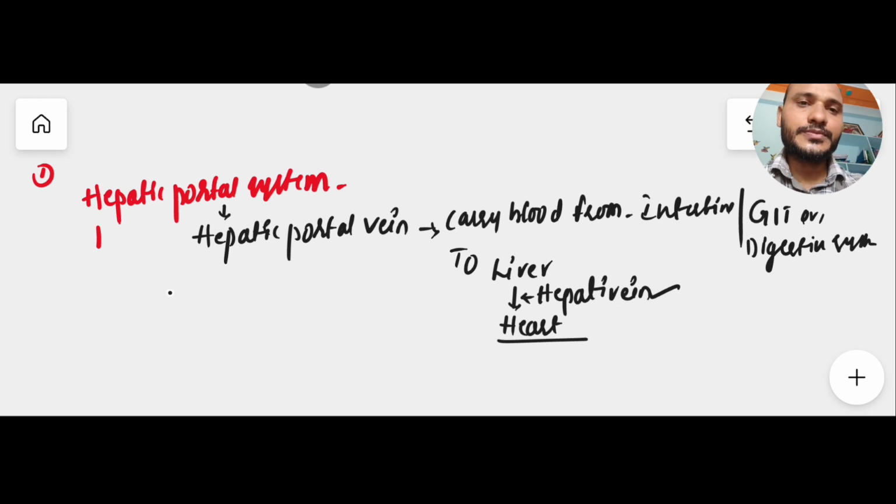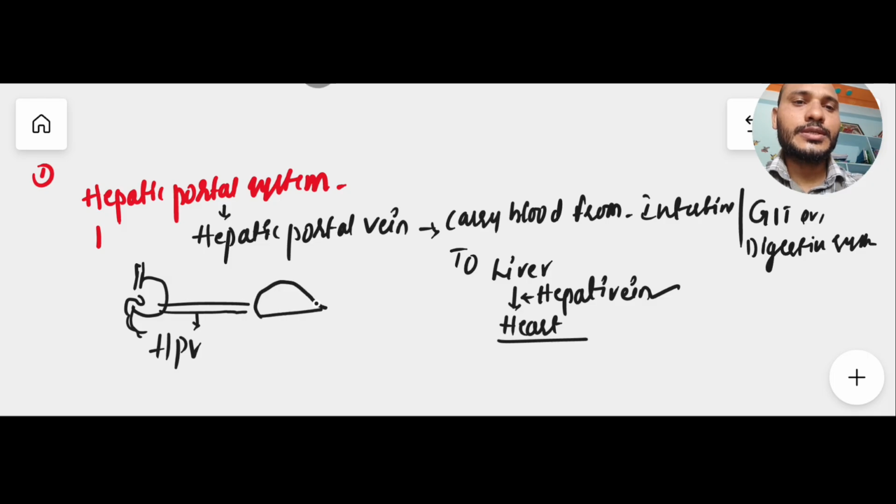For example, if you look here, this is our GI tract or digestive system, and from here the blood is carried by the hepatic portal vein to the liver, and from the liver the blood goes to the heart with the help of the hepatic vein.